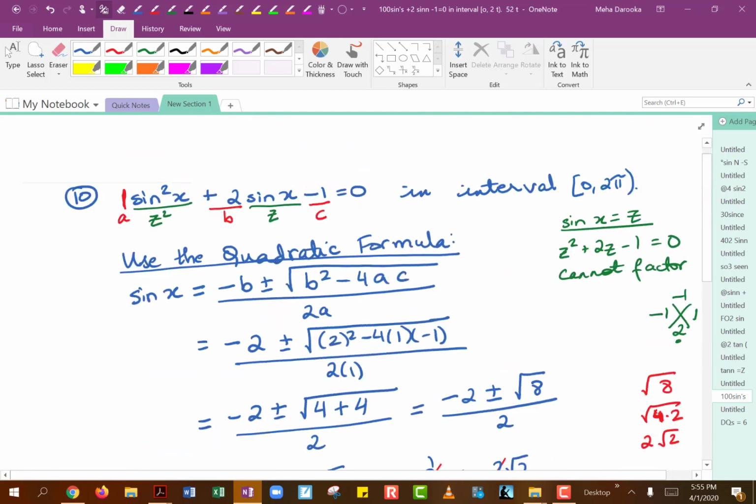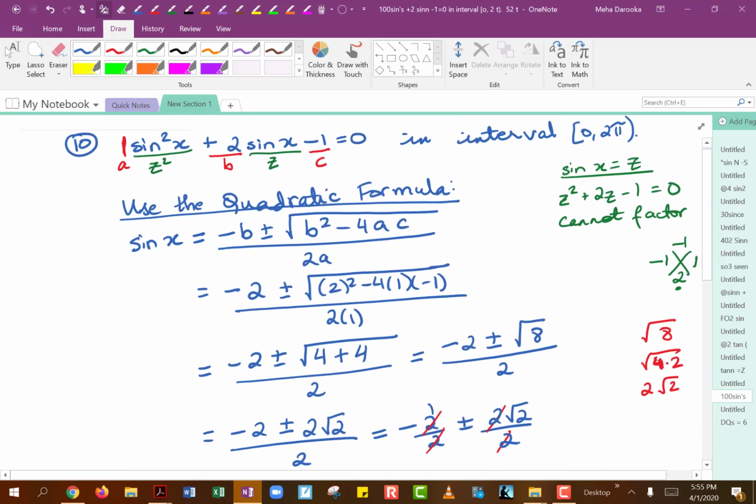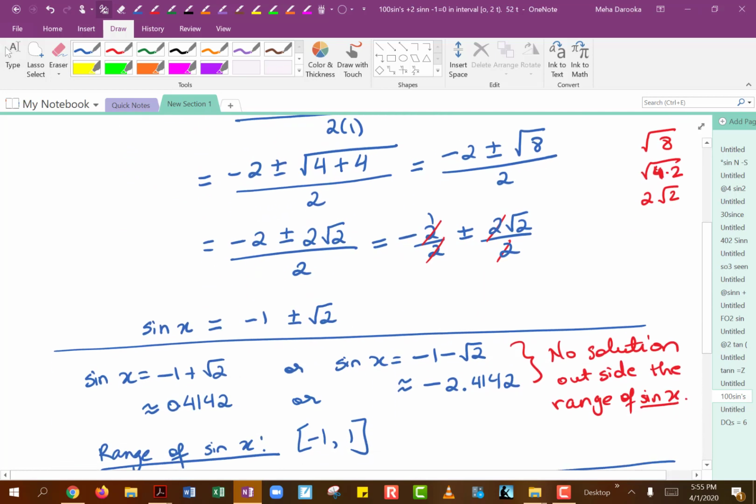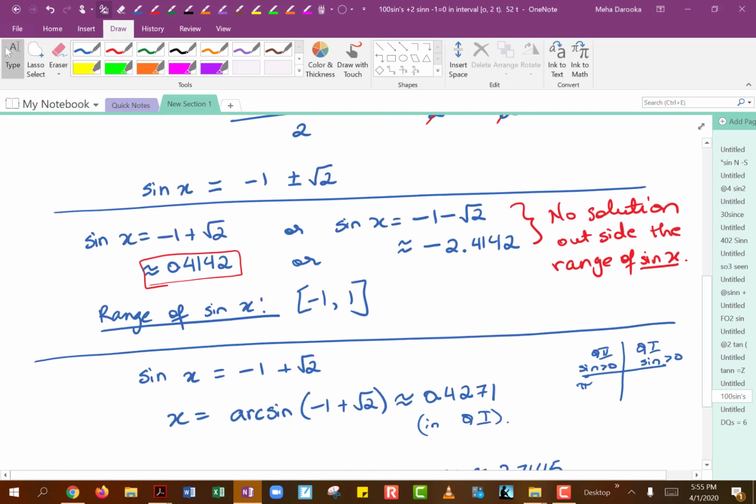Okay. So again, like I was saying before, start by using your coefficients. Use the quadratic formula to find your sine x values. You're going to come up with 2 because of that positive and negative sign. So we cannot use sine of x equals -1 minus square root of 2 because that falls outside the range of the sine function. So he is gone. So we are only using this side here, and we're using sine of x equals 0.4142.